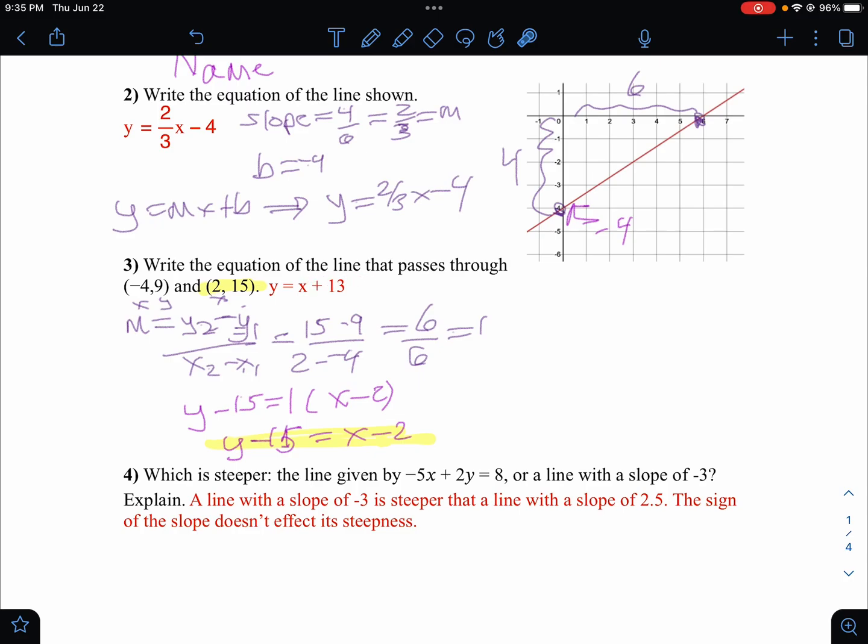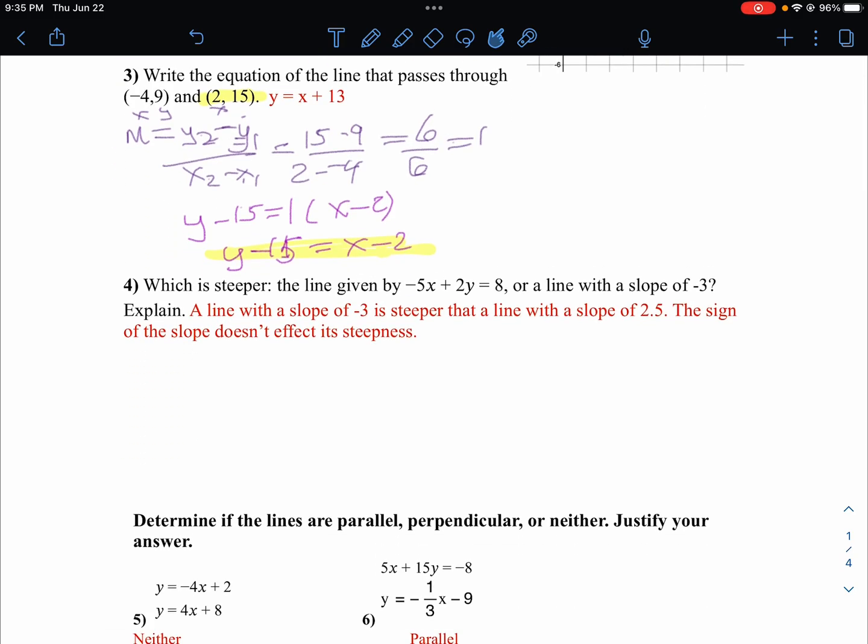Now on question number 4, we want to know which line is steeper: one given by the equation, or one with a slope of negative 3. Well, in my equation, I need to find the slope, so I need to get y by itself. So I'm going to copy that down here, negative 5x plus 2y equals 8.